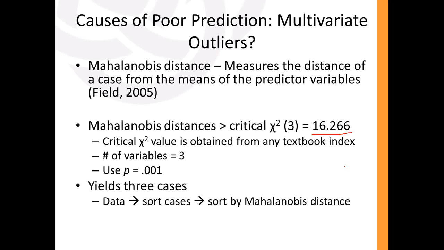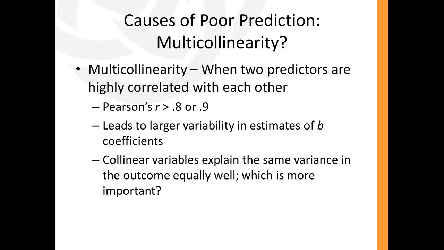We'll look at the technical aspects of that tomorrow. But basically, any value above that critical value would be flagged as a potential problematic case. So you can sort the data by the Mahalanobis distance and look at which cases could be leading to any kind of problems with the model.